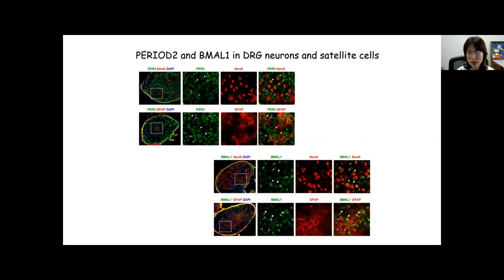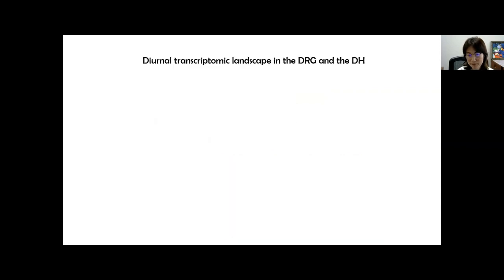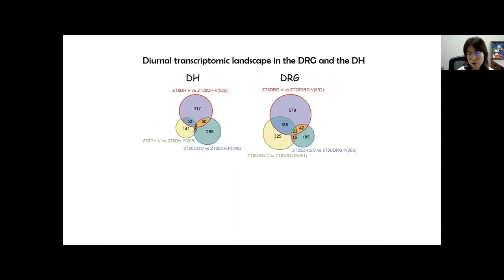Then we looked at whether core clock proteins are expressed in the DRG neurons, and both PER and BMAL are expressed in neurons and also in satellite cells in the DRG. Then we decided to look at the transcriptome and compare it between circadian time points. We did both the dorsal horn and DRG.